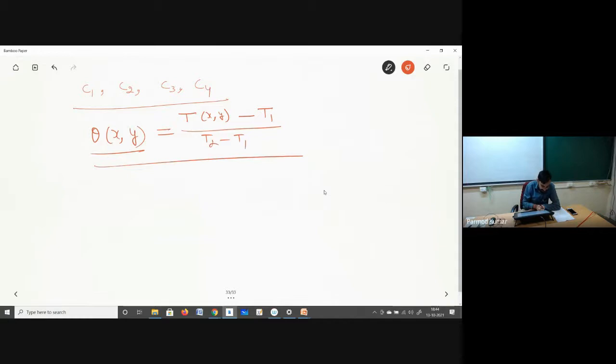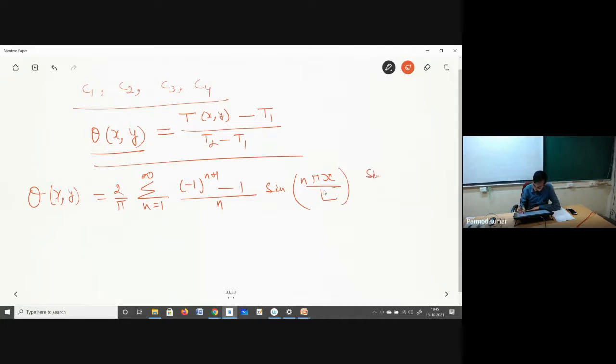This was the definition of theta, and the final equation after substituting the boundary conditions was 2 by pi, summation of n varying from 1 to infinity, of ((minus 1) to the power n plus 1, minus 1) divided by n, into sin(n pi x by L), into sinh(n pi y by L), divided by sinh(n pi W by L).